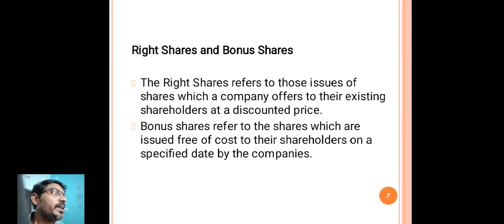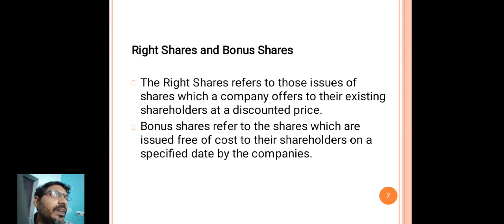And the bonus shares refer to the shares which are issued free of cost to their shareholders on a specified date by the companies.